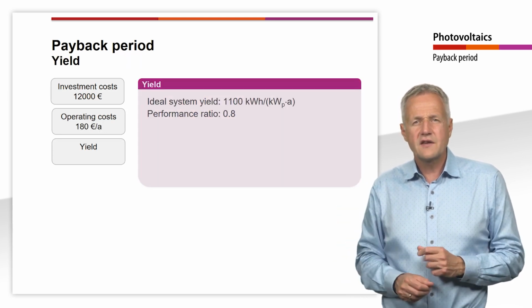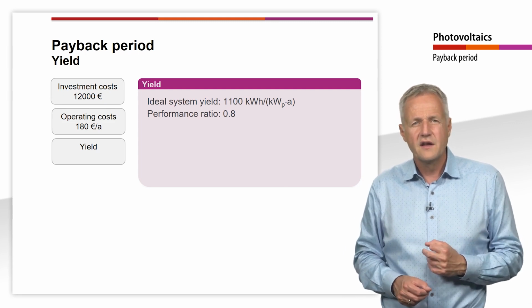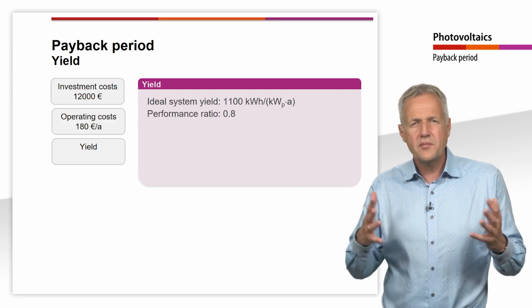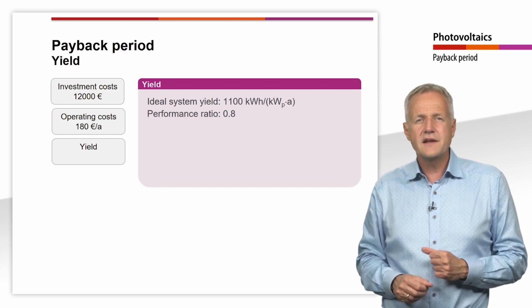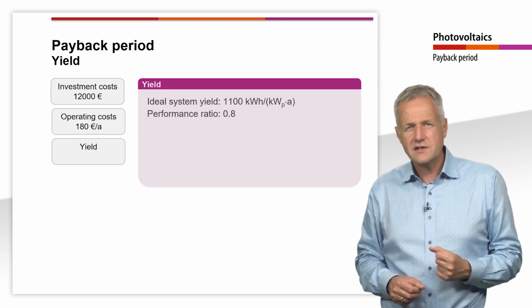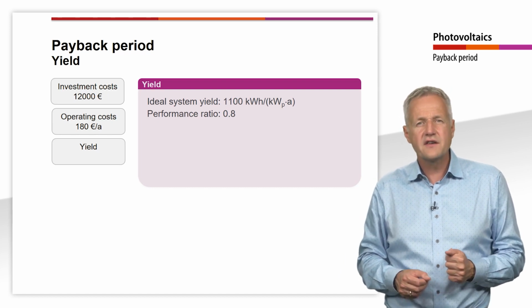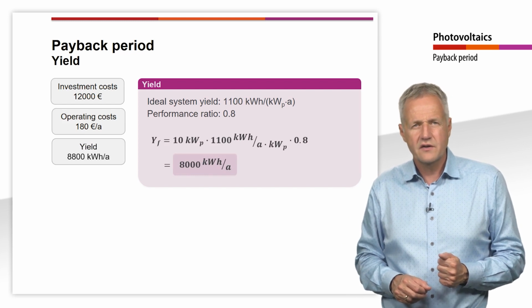In order to calculate the annual benefits, we first have to calculate the yield of the plant. As we have already seen, the system yield is strongly dependent on the location of the system. For a plant in Cologne with an ideal energy yield of 1,100 kWh per kilowatt peak and a performance ratio of 0.8, the plant yield is 8,800 kWh.